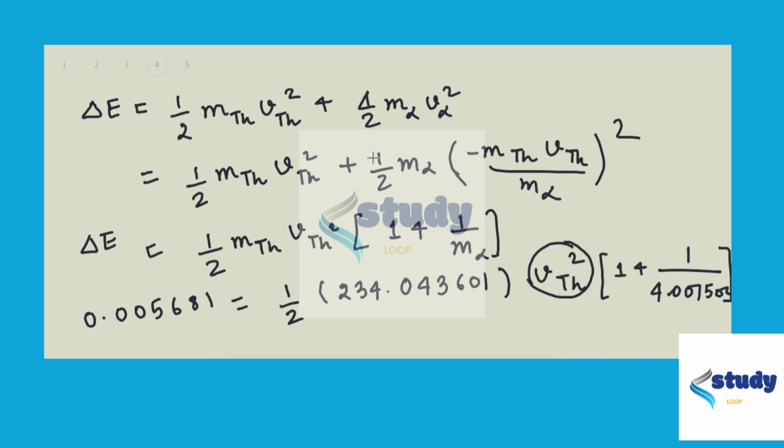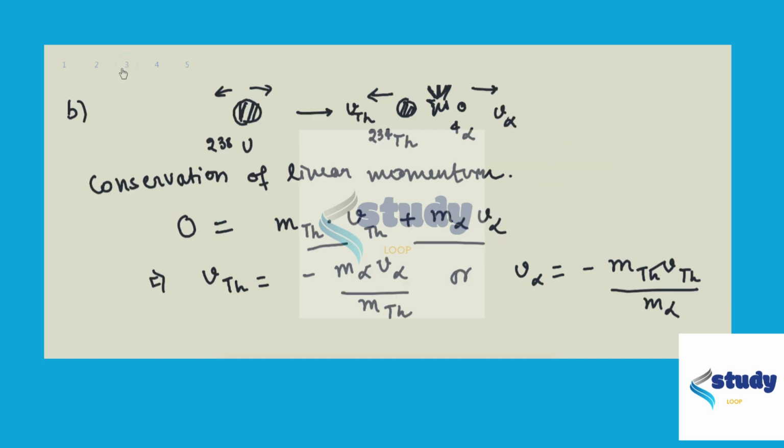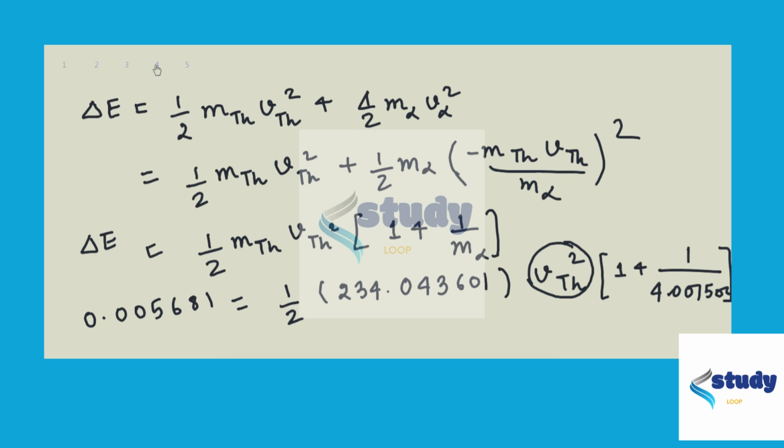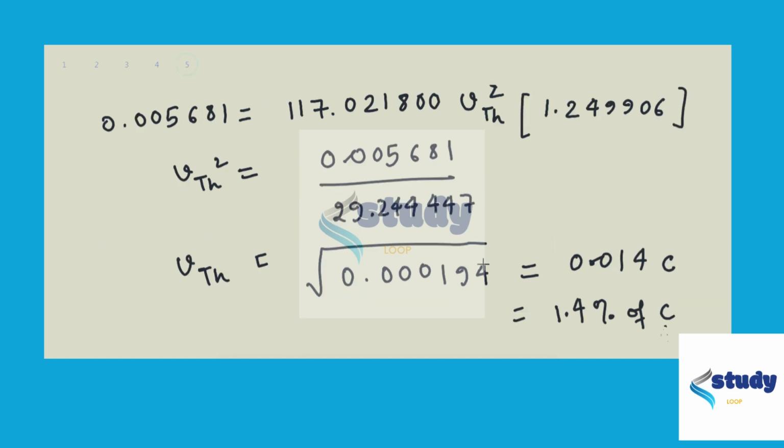When you substitute the velocity of alpha particle back from here, because that's not what we want, we just want the velocity of thorium, you can rearrange everything, put in the values, do the math, and finally you get the answer in terms of a fraction of c. What that means is this will be the recoil velocity, 1.4% of the speed of light. That will be it. Thank you.